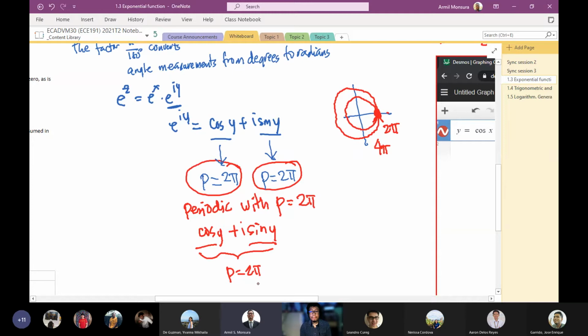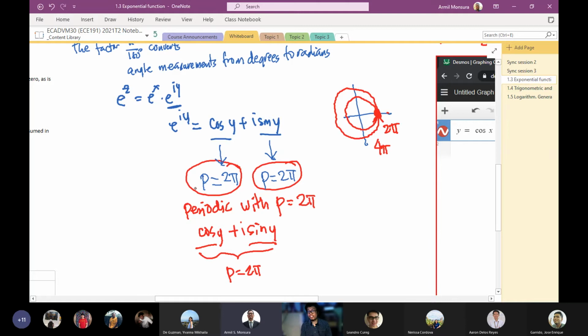Pero kapag magkaiba kasi ng periodicity, periodic pa rin siya, pero hindi na ito yung periodicity niya. And you'll study that later on, pag nag-aaral tayo sa signal processing, kasi in relation to signals, every signal is actually a sum of cosine and sine functions.